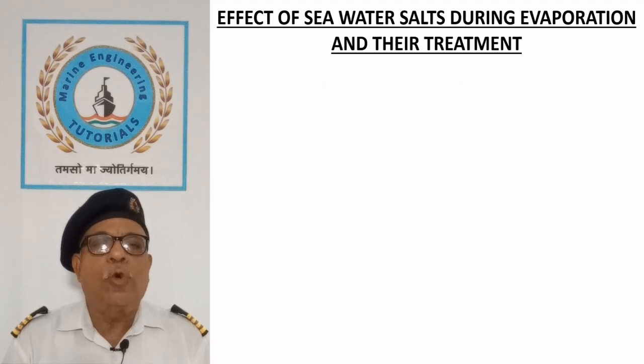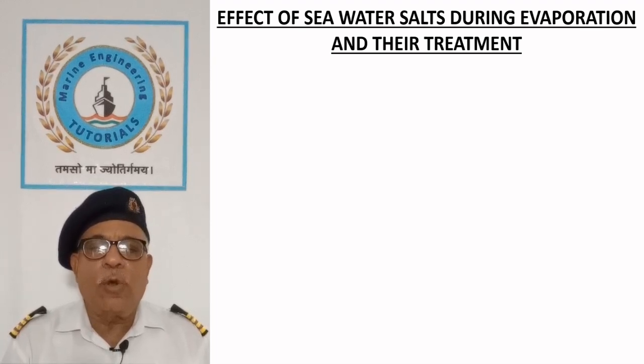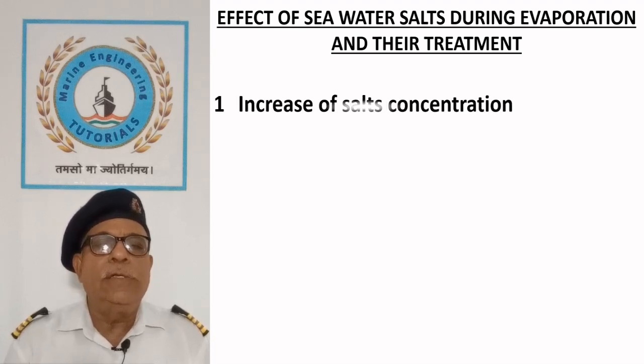Effect of seawater salts during evaporation and their treatment. During the evaporation of seawater, effect of salts on the evaporator tubes and their treatment are discussed below. Increase of salt concentration.